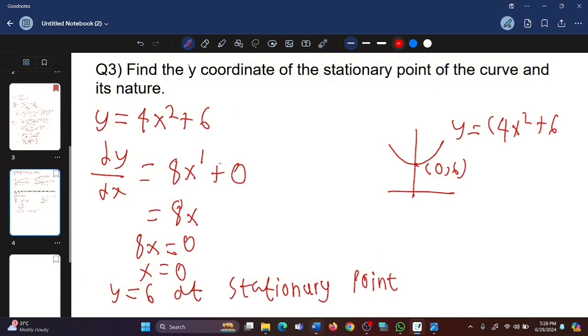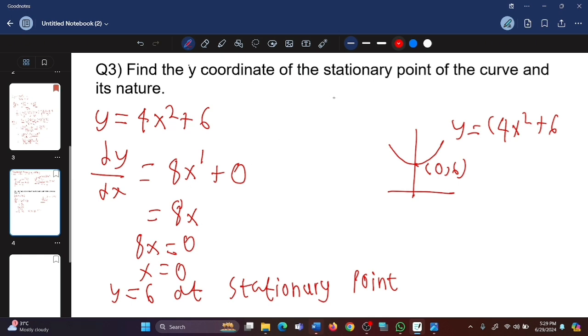After finding the x coordinate, I substituted it into this equation to find the y coordinate, not the y-intercept, at which the curve has the stationary point. If I put 0 here, 0 squared is 0, plus 6, thus the y coordinate at the stationary point is 6.